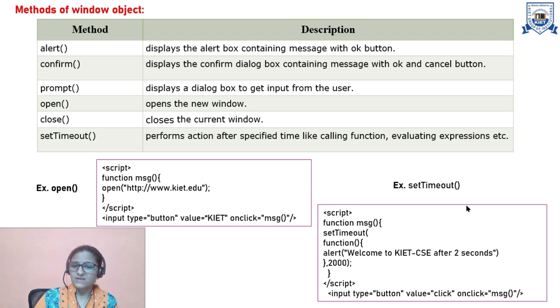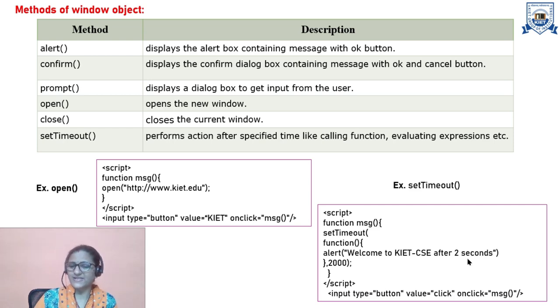Another example is setTimeout. Inside this function msg, we have provided the timeout. At what time does it elapse? We have given 2 seconds. After 2 seconds, a small alert box appears with the message welcome to Kite CSE.